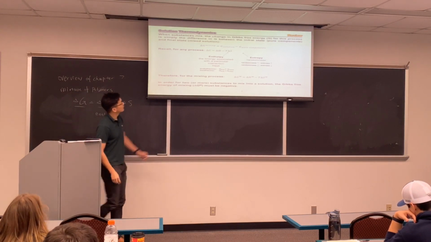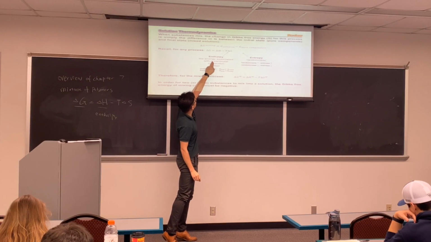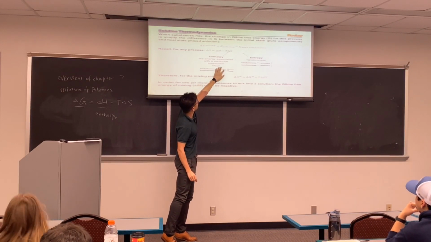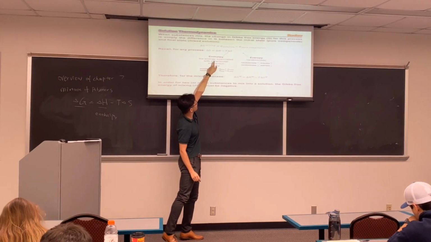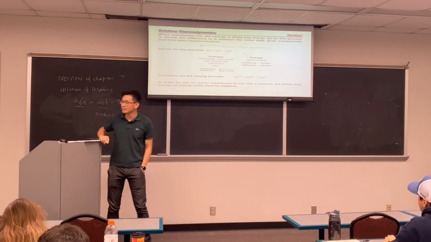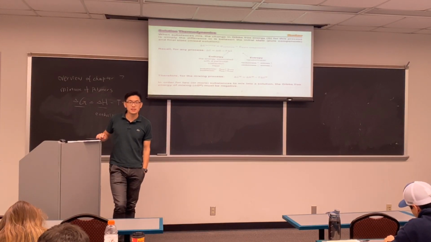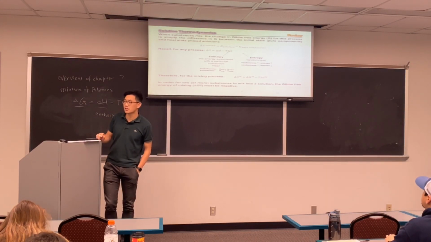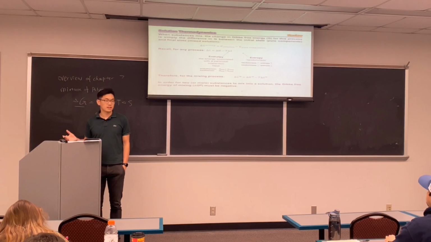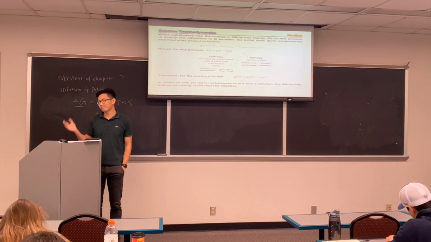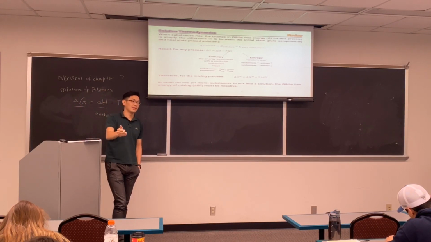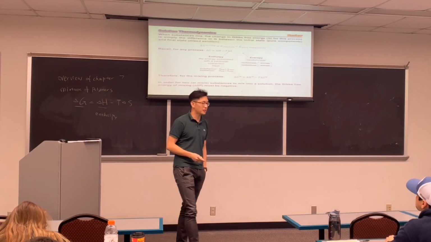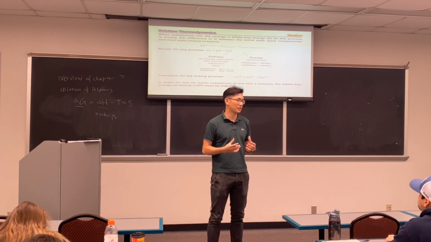Enthalpy is delta H. Delta H means the change in heat throughout the process. If delta H is negative, your process is going to give out heat from the beginning to the end state. If delta H is positive, that means your system will take in energy.